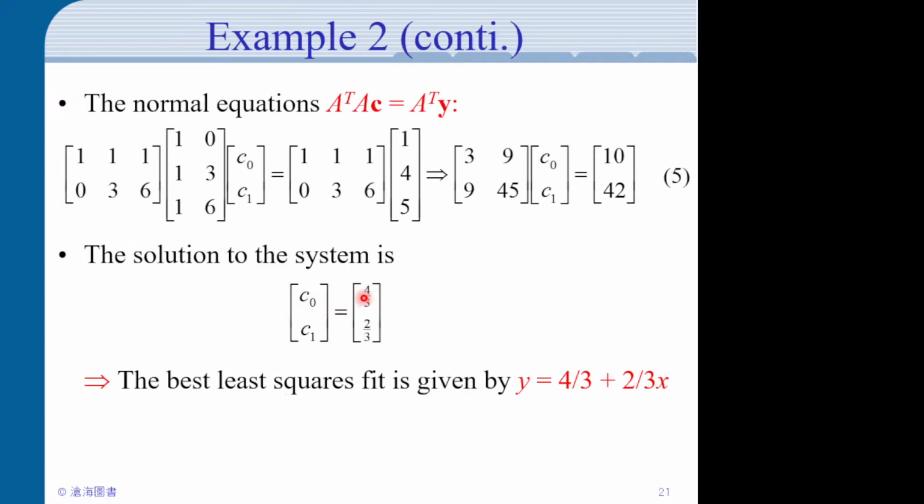You can solve for c0, c1, and that's 4 over 3 and 2 over 3. Then we find our best least squares fit: y equals 4 over 3 plus 2 over 3 x.